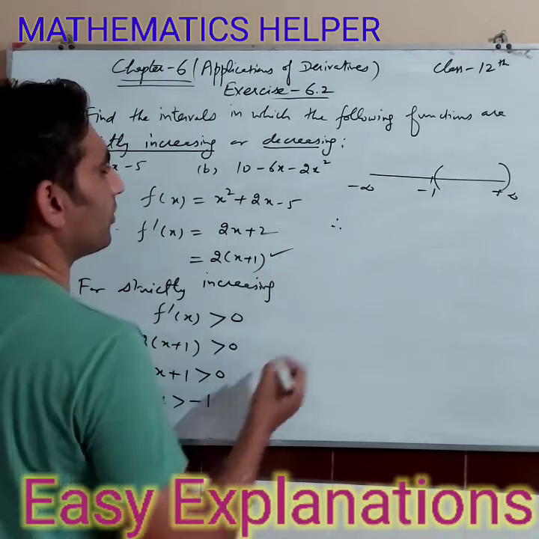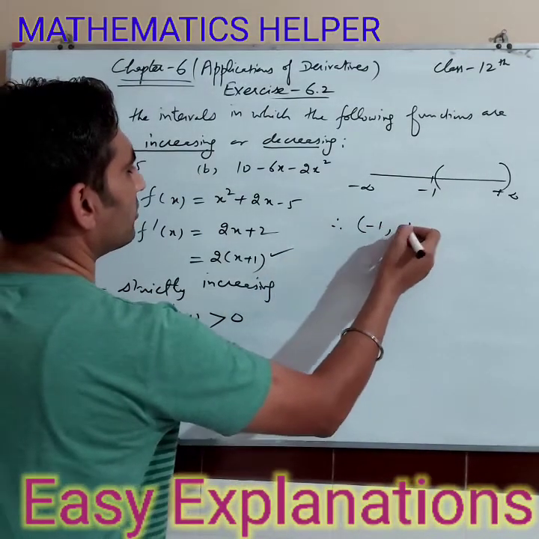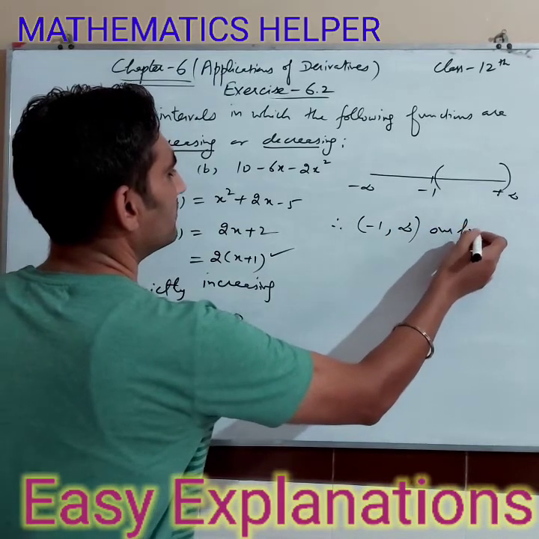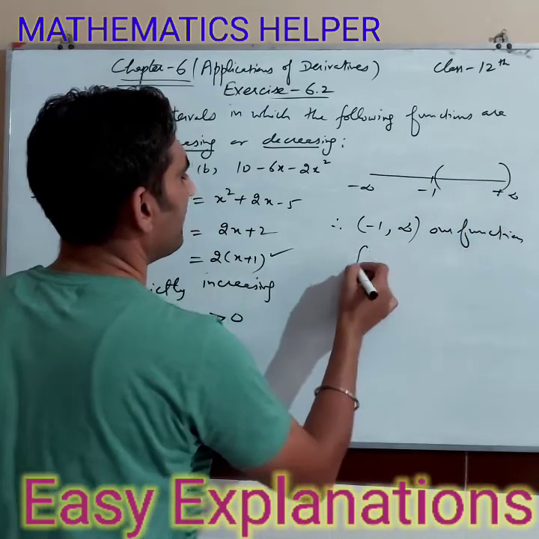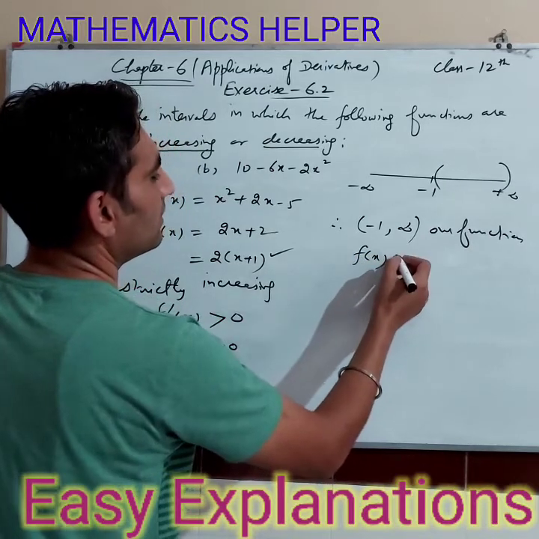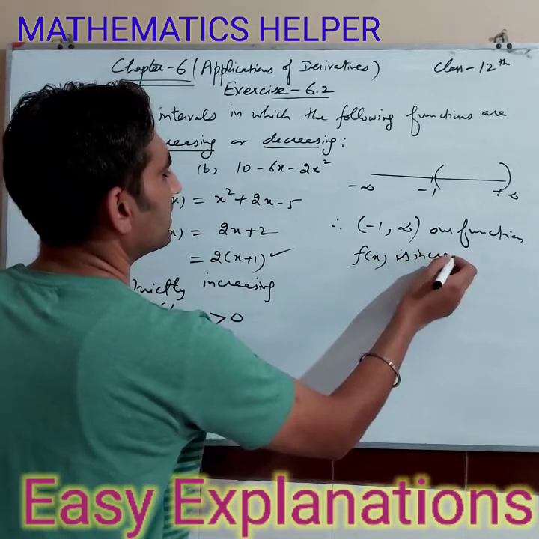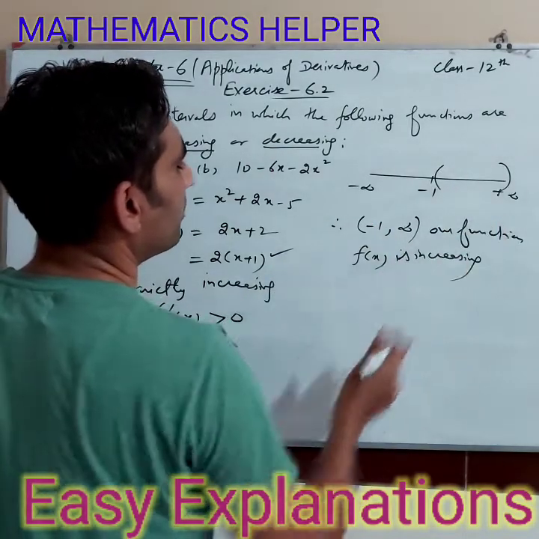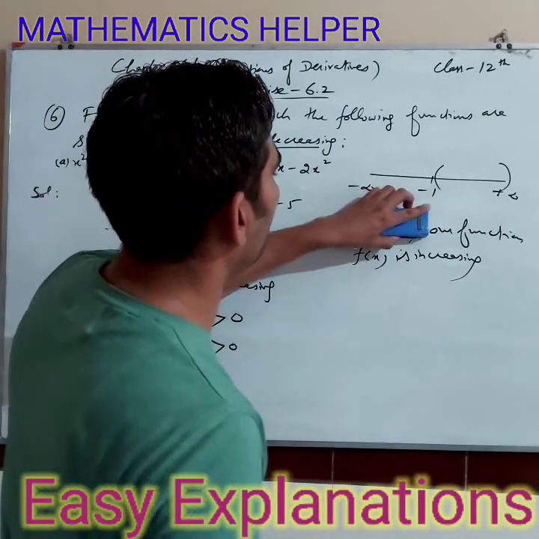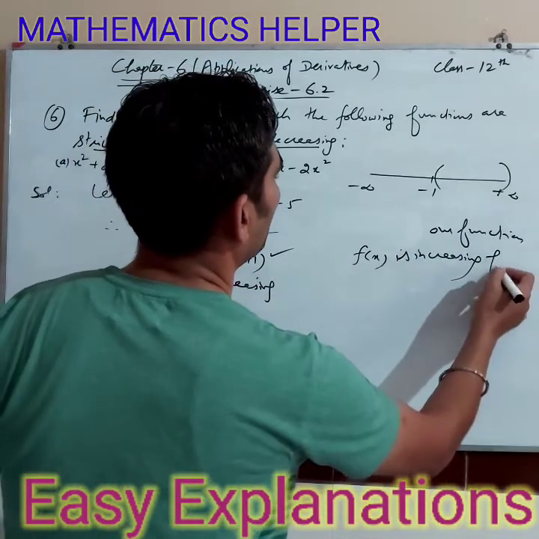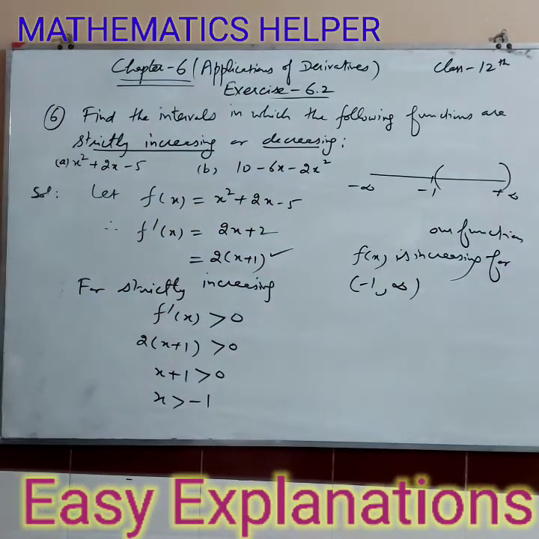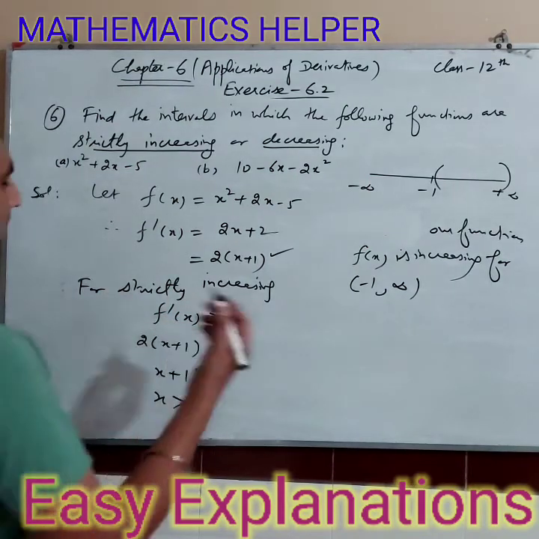So we will say therefore from minus 1 to infinity our function f(x) is increasing. So we will write from minus 1 to infinity, our function f(x) is increasing. Now it's the opposite.